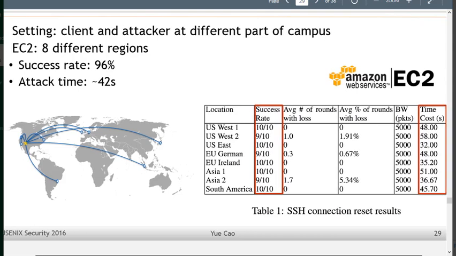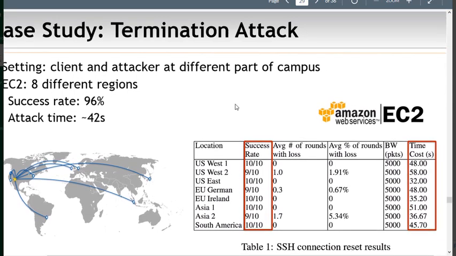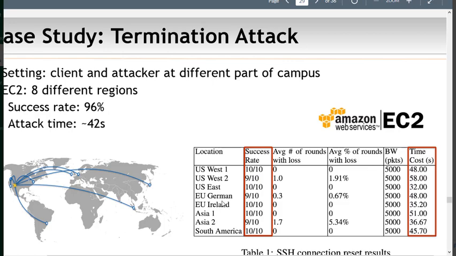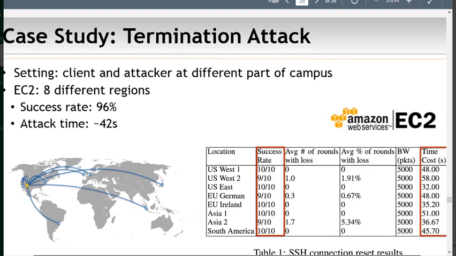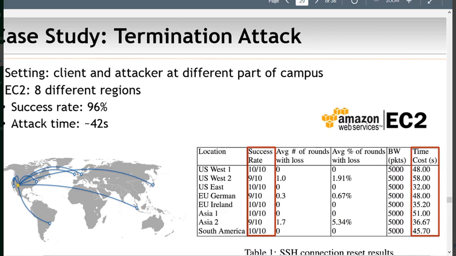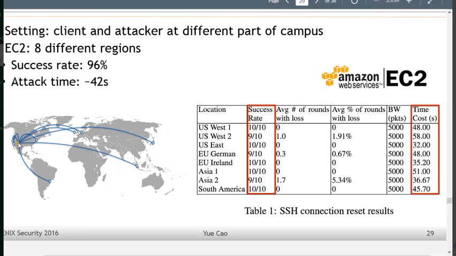And here is some type of real test. This is the termination attack, which I believe is a blind reset attack, and they conducted it on Amazon EC2. This is from UC Riverside, and they tried different targets. They tried to target it in the United States West Coast, in California or Oregon.